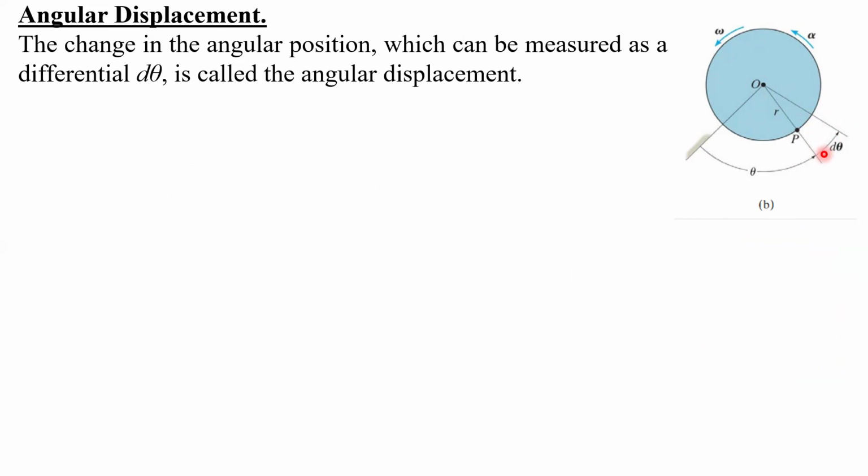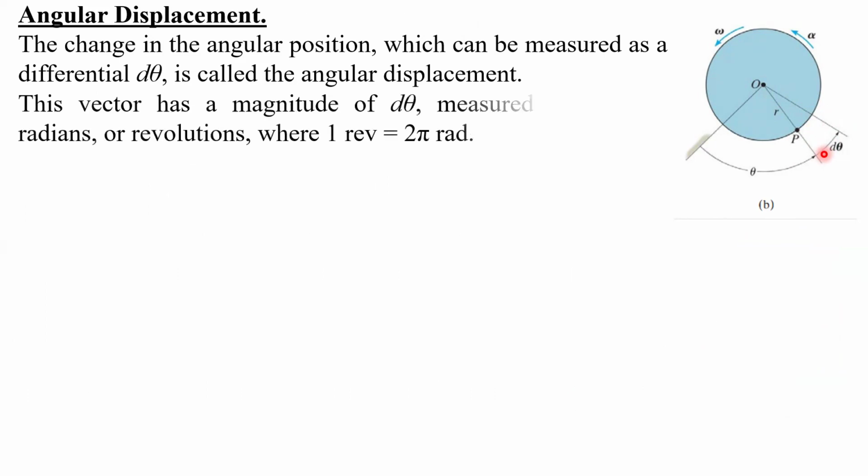That's the angular displacement of r. The vector has a magnitude dθ, measured in degrees, where one revolution is 2π radians. So the angle can be measured in radians, in degrees, or in revolutions.